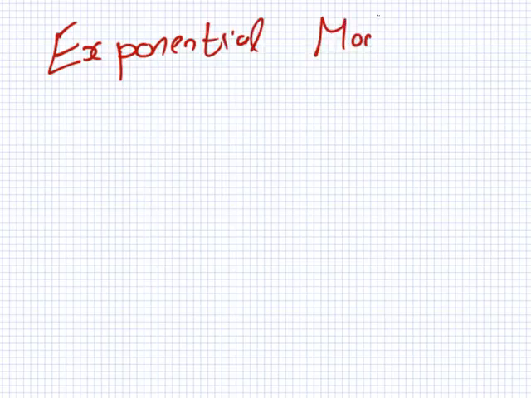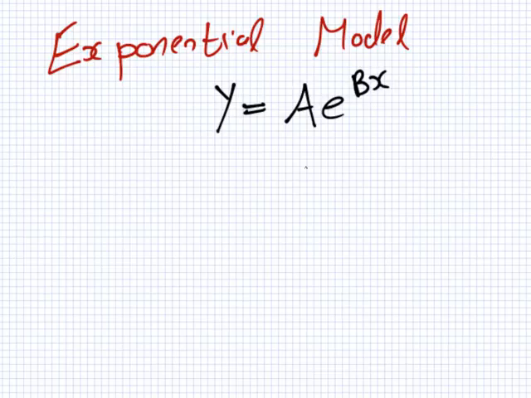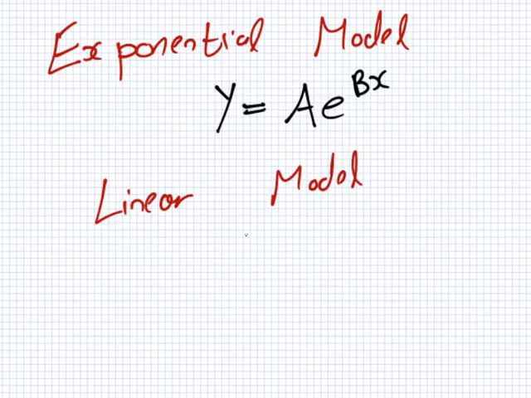Exponential model. When a question describes a process as exponential or an exponential model, this is just a way of saying the thing you're looking at will have this form: y equals ae^bx. And if I said a linear model, then the thing you're looking at will be y equals mx plus c.